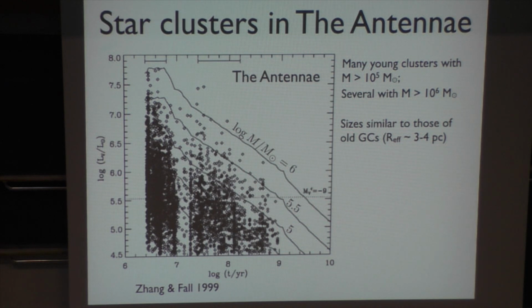This we would call a globular cluster for sure if it were 13 billion years old, except that these go all the way down to stuff that is still forming today. And there's a large number of clusters around 10 to the 5 solar masses, and more as you go further down. So that becomes a little bit more difficult to say, are these the equivalents of globular clusters, but they certainly look like it.